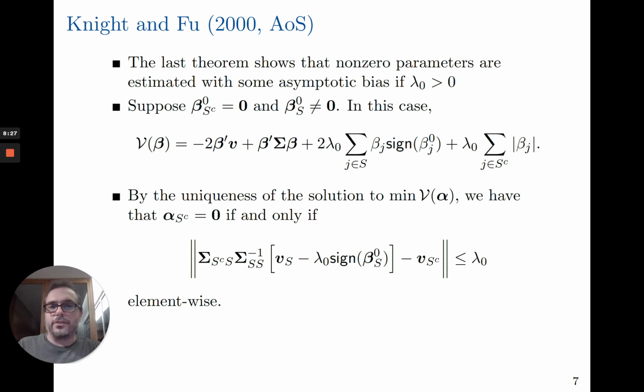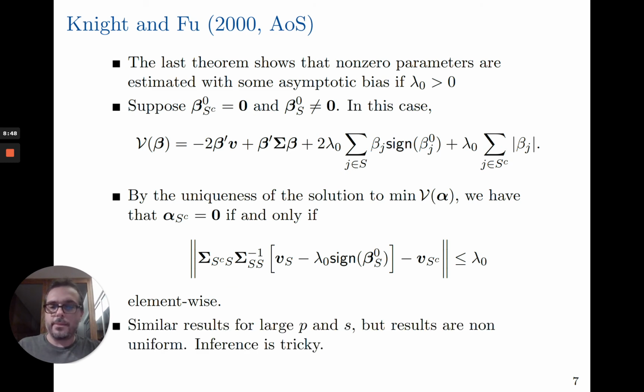By uniqueness of the solution to the minimum of the function v of alpha, a coefficient of the irrelevant variables will be 0 if and only if this condition holds element-wise. Similar results will hold for large P and S, but as we are going to see, these results are non-uniform.